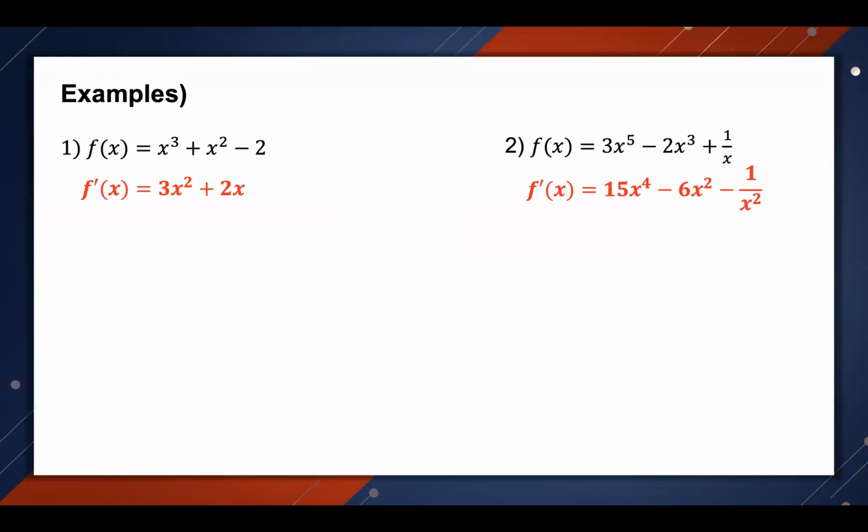We put the 5, the power, before the variable x. So 3 times 5 equals 15, times x to the power of 4, which we get from 5 minus 1. And the rest of it would also be obtained this way.